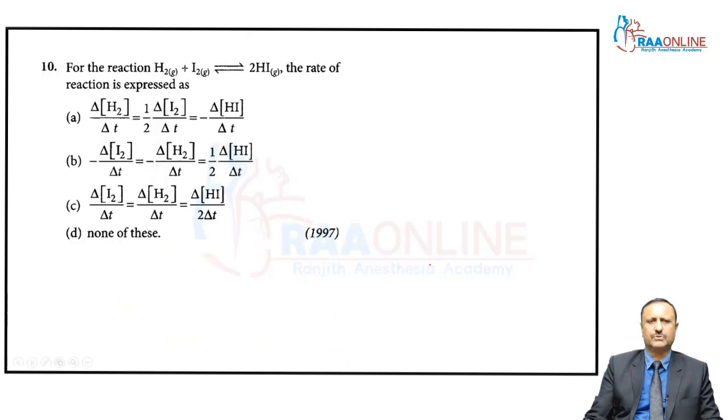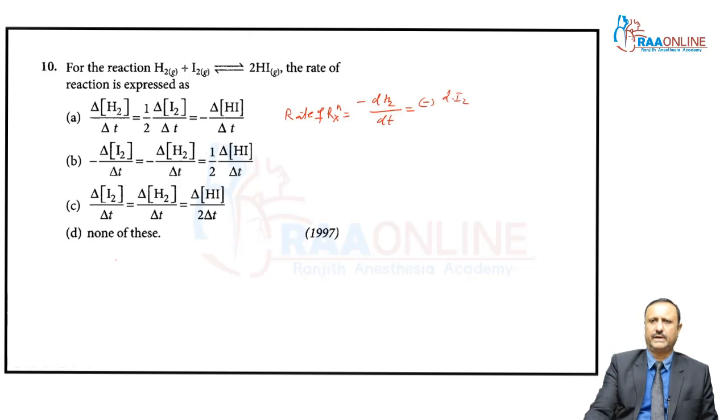Now we can go to question number 10. For the reaction H2 plus I2 gives 2HI, the rate of reaction is expressed. Same concept is there. Rate of reaction is equal to minus dH2 upon dt, equal to minus dI2 upon dt, that equals 1 upon 2 plus dHI upon dt.